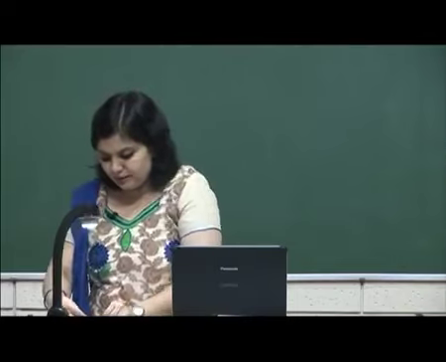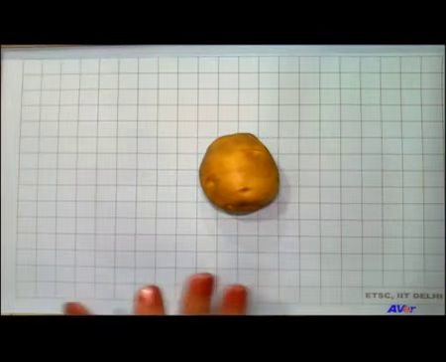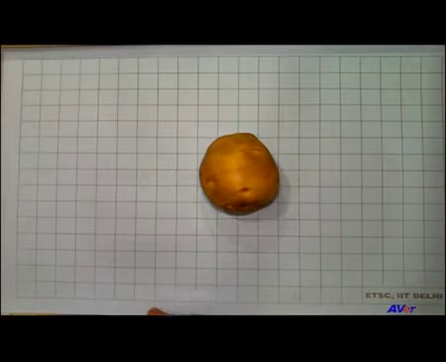First modification that we are going to talk about is the modification for storage of food. Now, we had earlier talked about the potato. Potato, we have studied that it is a modified stem which grows underground in the soil and stores food.